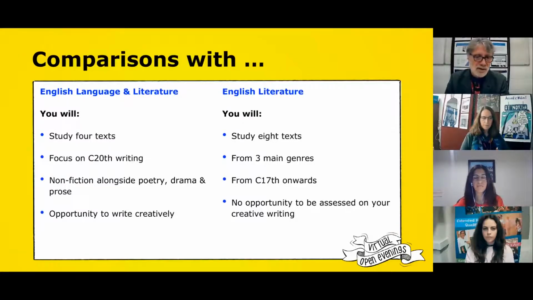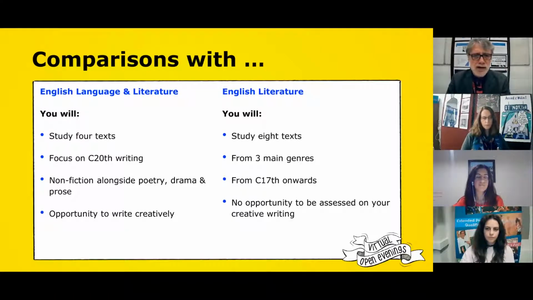So basically with the literature, you do twice as many literary texts as you do for the combined. With English language, you look at extracts from at least 1600 up until the modern day, but they're not necessarily literary extracts. And we're also looking at spoken as well as written texts.